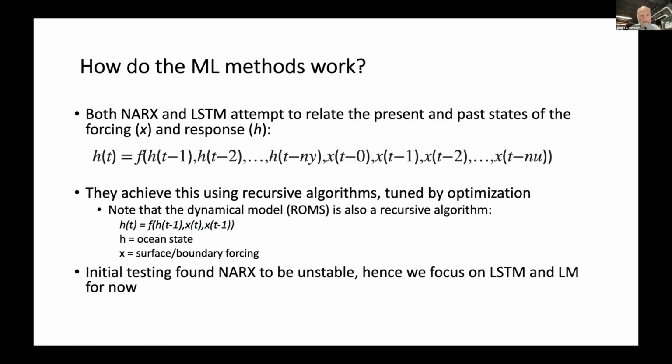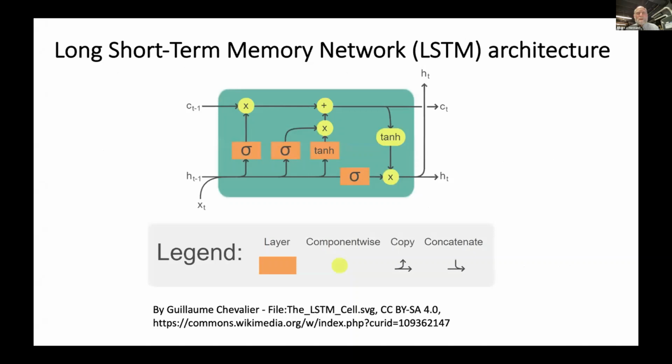You might note that a dynamical model itself is also a recursive algorithm where you're predicting the state at some time based on the state at time t minus 1 and forcings at time t and time t minus 1. Our initial testing found the NARCs method to be rather unstable, so we decided to focus on LSTM and the linear model.